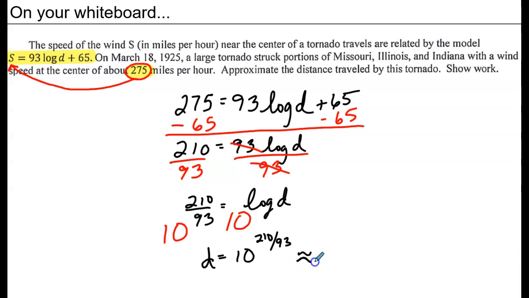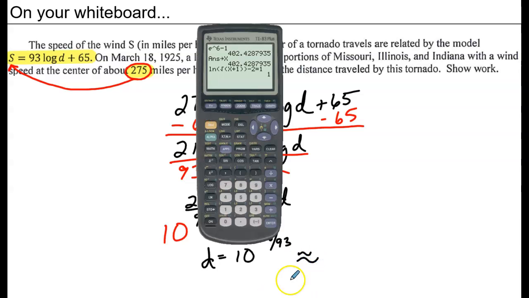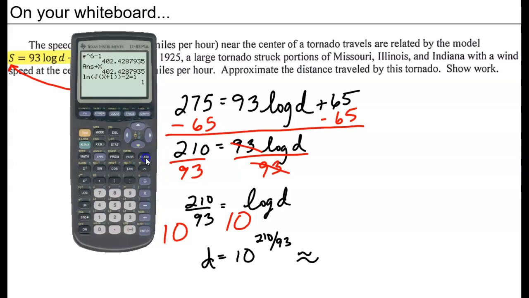Then to approximate, we're going to need the calculator, and we'll take 10 raised to the 210 divided by 93 power, and we get 181.1609 to 4 decimal places.